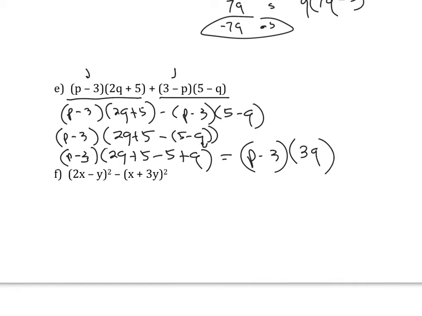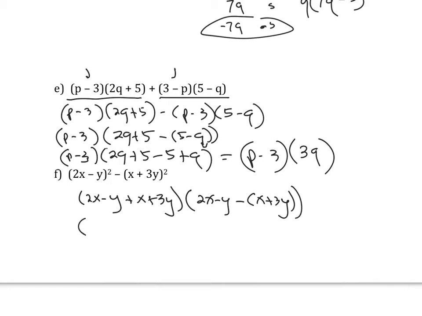Okay, next one. We have two terms. 2x minus y squared, x plus 3y squared. We have a difference of perfect squares here, so we'll use that factorization pattern and we'll get 2x minus y plus x plus 3y times 2x minus y minus x plus 3y.